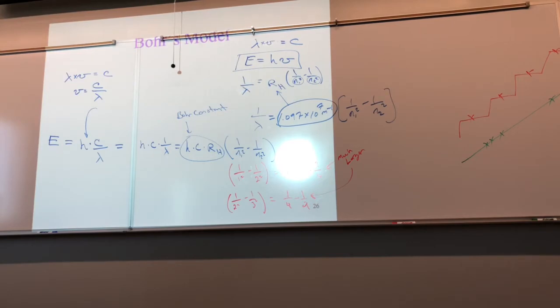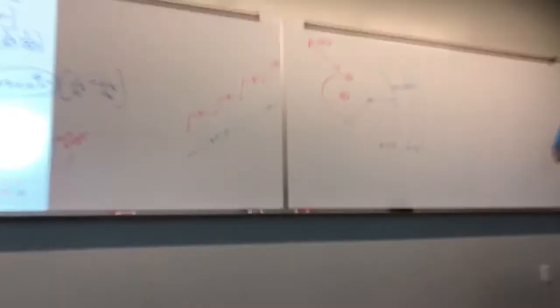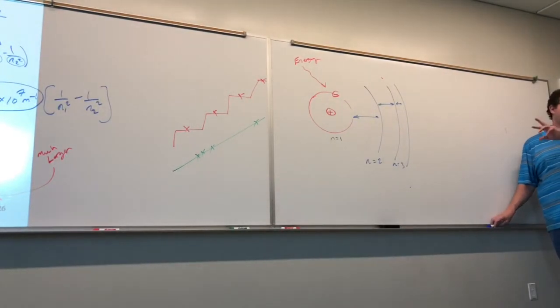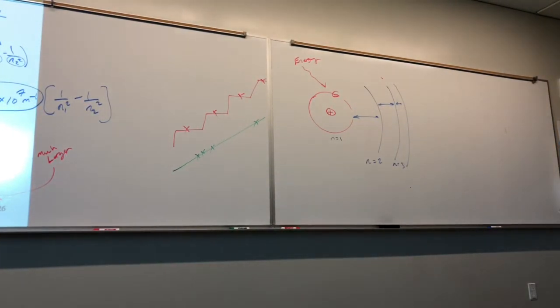What about 3 and 4? Smaller, even closer together. So they get closer and closer together as you go further out, via what this equation is telling you. So it's not only that they're not equally spaced, it's that they're getting closer and closer together as you go further and further out.